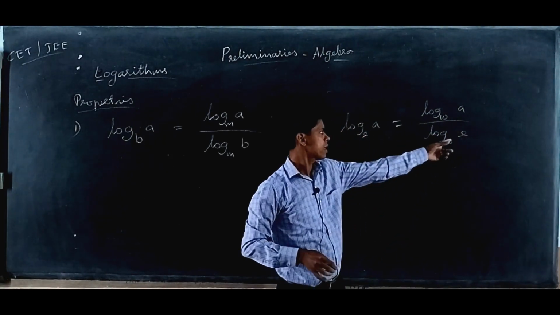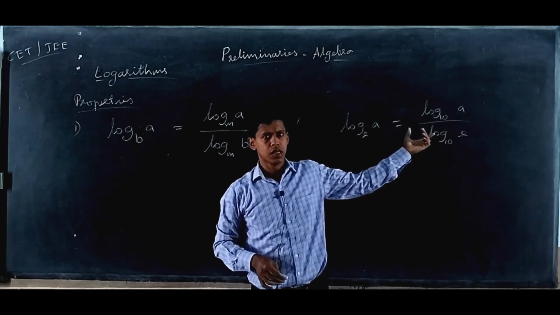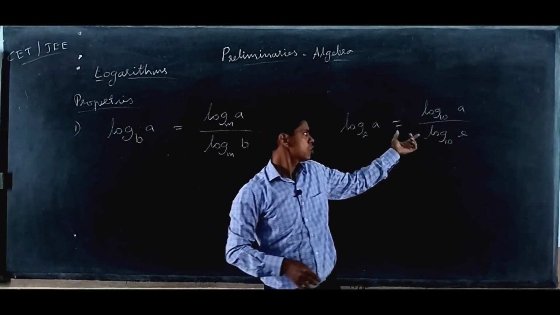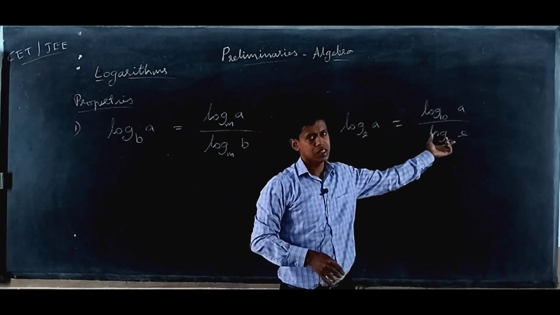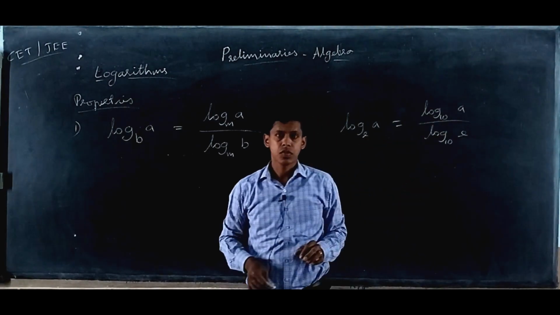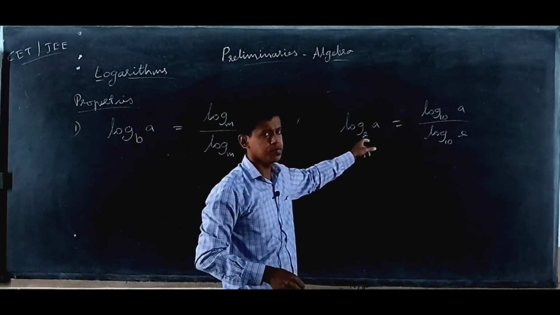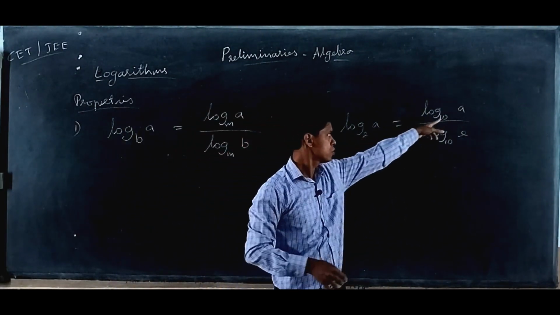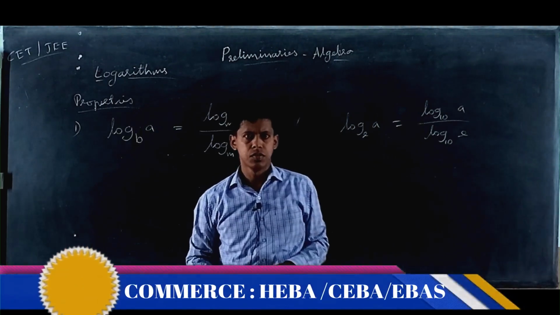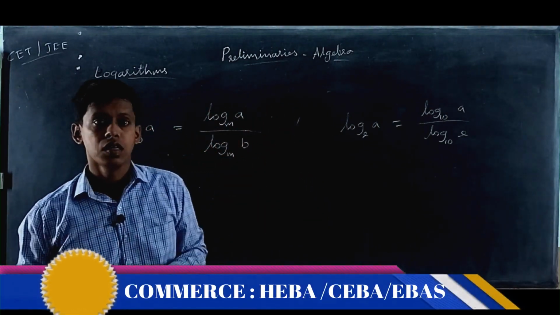Now this quantity can be easily found. What is log e? That is a constant, a definite number. So you can divide by this quantity to convert from e to 10. You can change the base from exponential, I mean e, natural logarithm, to the common logarithm. This is the way we can switch between the bases.